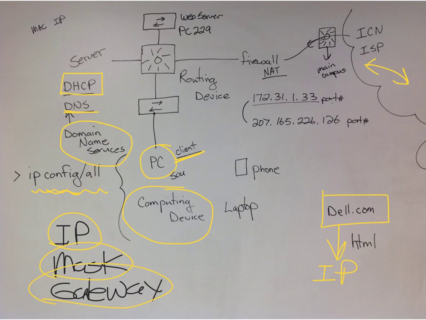We also looked at the address of my computer, a public address out on the internet, and we do network address translation through the firewall, and it keeps track of them by a port number.